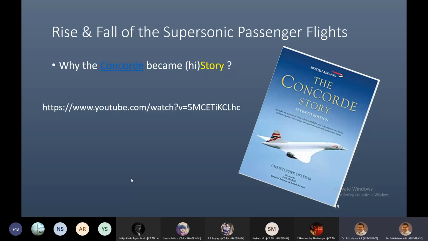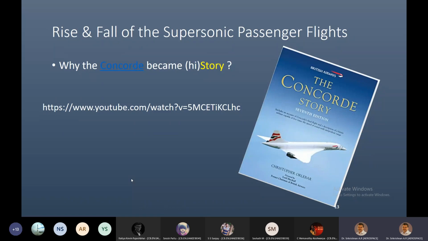So there was further research on how to make use of supersonic flight for commercial aircraft, and there was a lot of collaboration, particularly between France and Britain on that. And Concorde, as we know, is a culmination of all those efforts, where you could actually achieve supersonic flight in a commercial way. So you could have commercial flight with a supersonic velocity.